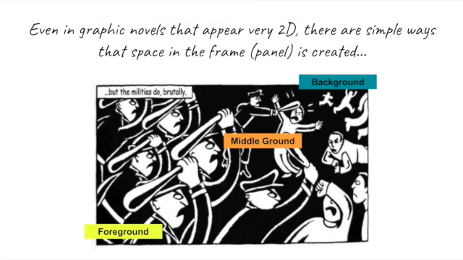The first thing that we need to do is recognize that there are three zones within the image. The foreground, which is typically down near the bottom of the image, the middle ground, which stretches across the center portion, and then the background, which is usually up near the top. As we go through today's lesson, we're going to notice that there are specific strategies for how we represent our subject within these three different zones.